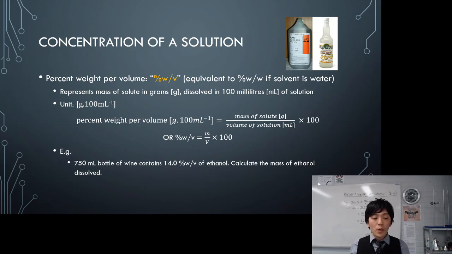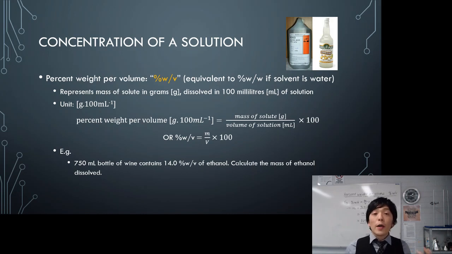Okay. Percent weight per volume would be particularly interested in the mass of solute, something that's dissolved in the solvent, in the solution, I should say, because volume is the volume of solution instead. It is also equivalent to percent weight per weight, which is often used to show how many percent of, say, vinegar is ethanoic acid.